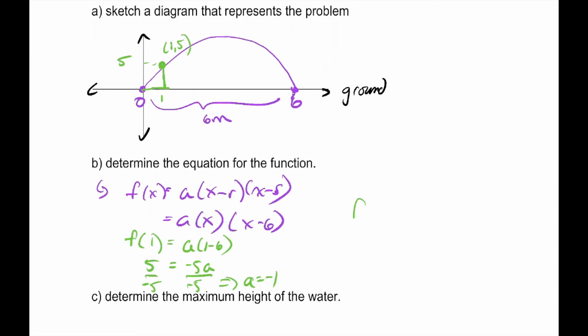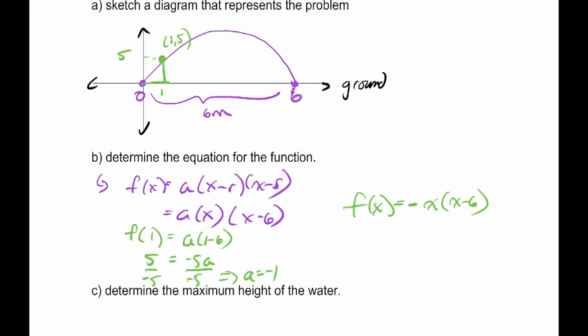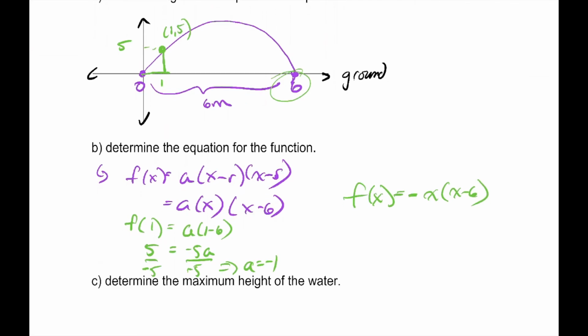So our equation is f of x is equal to negative x times x minus 6. Well, does that kind of make sense? Yes, because when x is 6, in other words, on the other side, it's 6 meters away from the start of the fountain, it should be at ground 0. So 6 minus 6 is 0, so this does make sense.